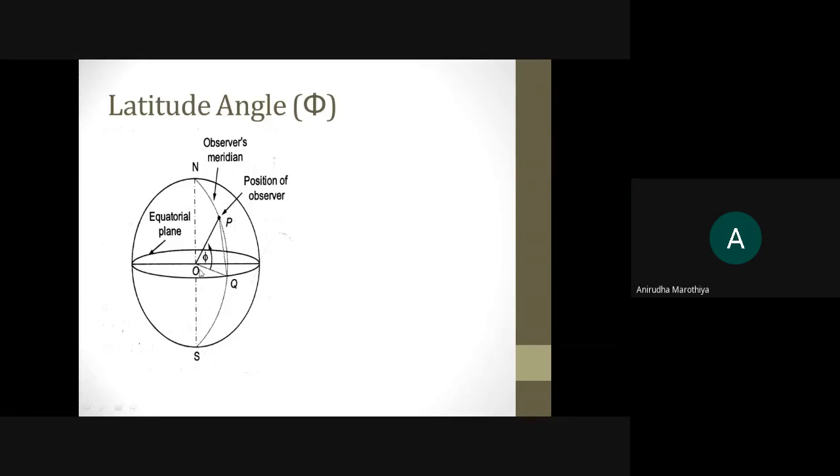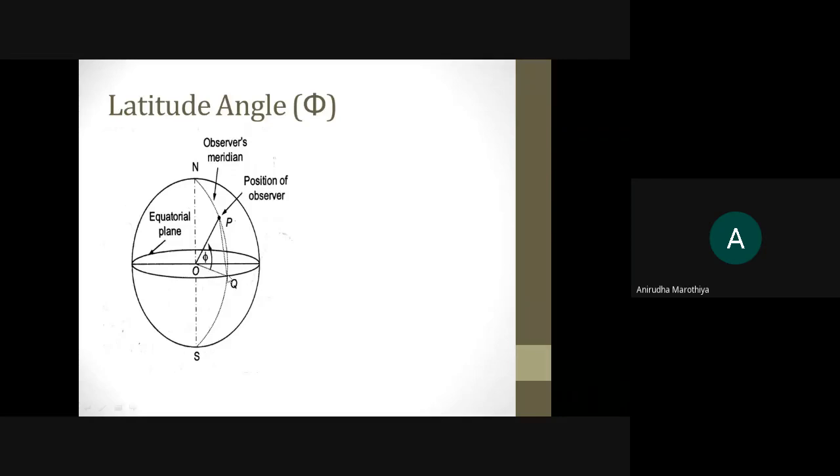Right? Are you getting my point? Yes sir. Okay? So OP is nothing but a radial line which joins the position of observer on the Earth surface with respect to the Earth center. And what is OQ? How will we define OQ?